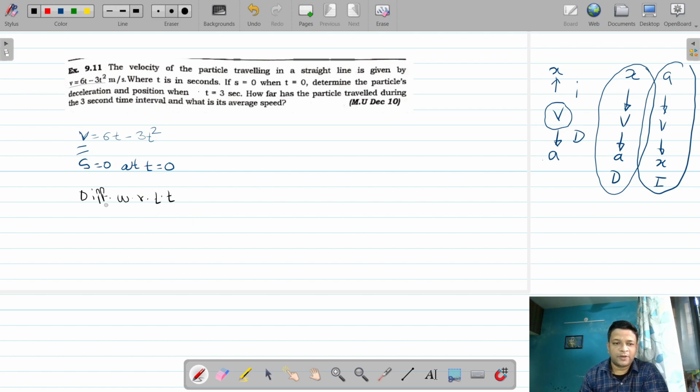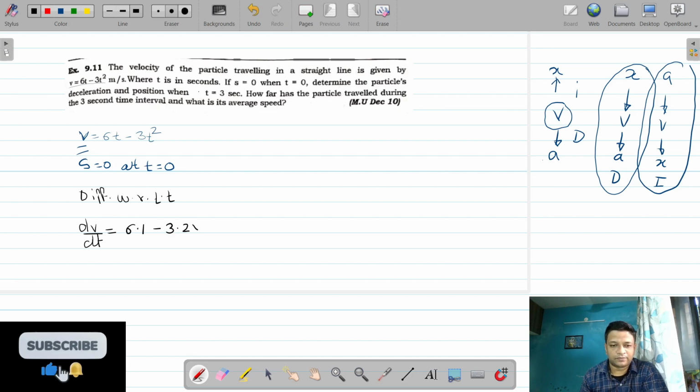Differentiating the above equation, we get dv by dt equal to, what is the differentiation of 60? 6 is a constant, you can take it outside. Differentiation of t is 1. Minus 3 is a constant, take it out. Differentiation of t square is 2 into t.